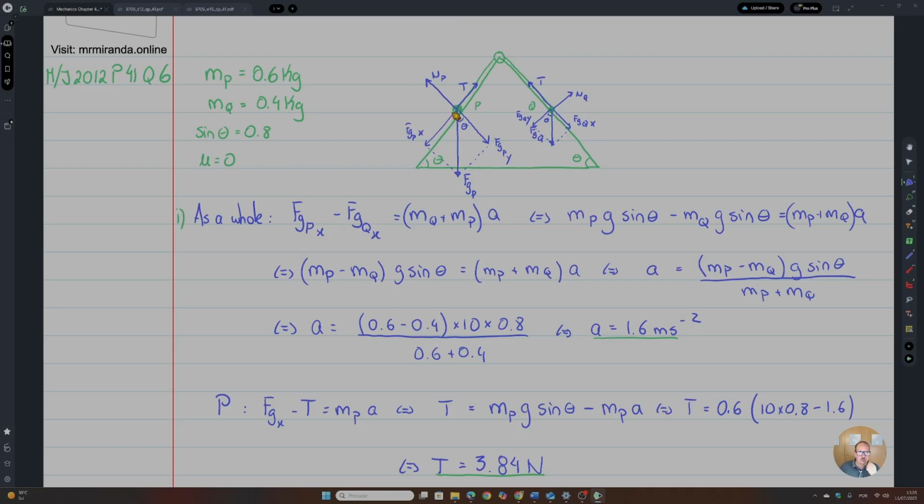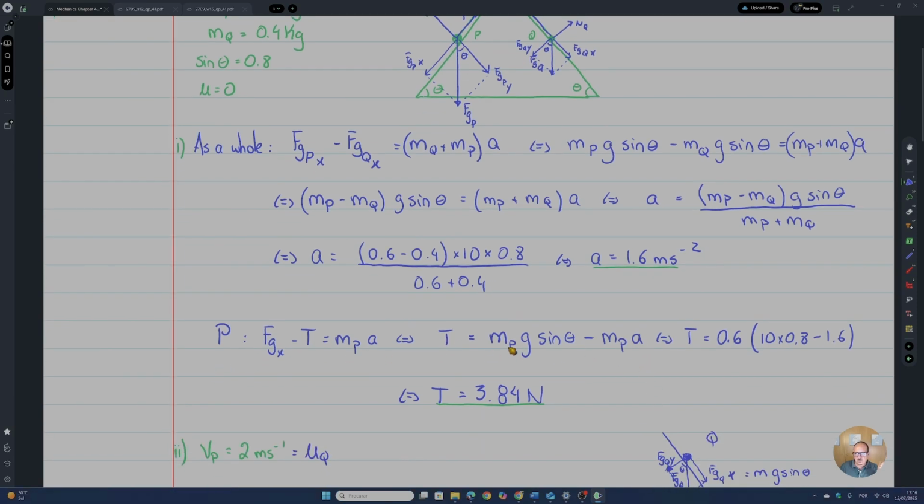Okay, so that's why I focus on these two alone. Fg of x minus the tension equals mp times acceleration. And you have everything except the tension, which is the thing that you are being asked. So I just expanded what this is, factorized a little bit, and then put all the numbers there, and I have the tension over here.